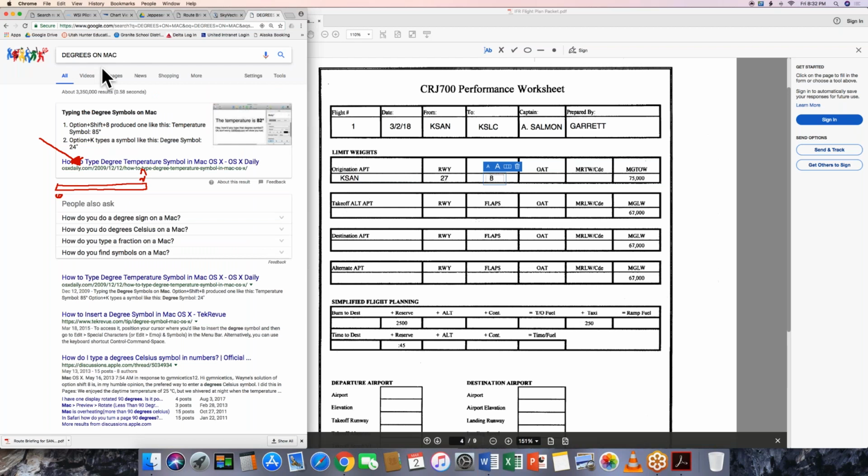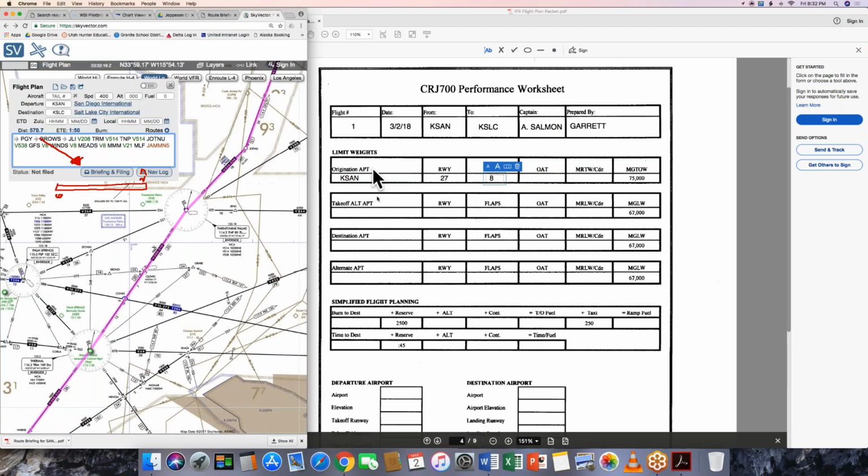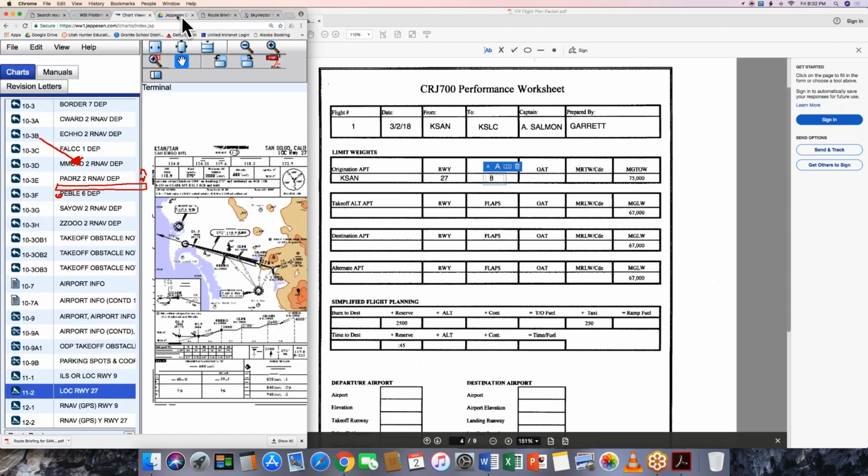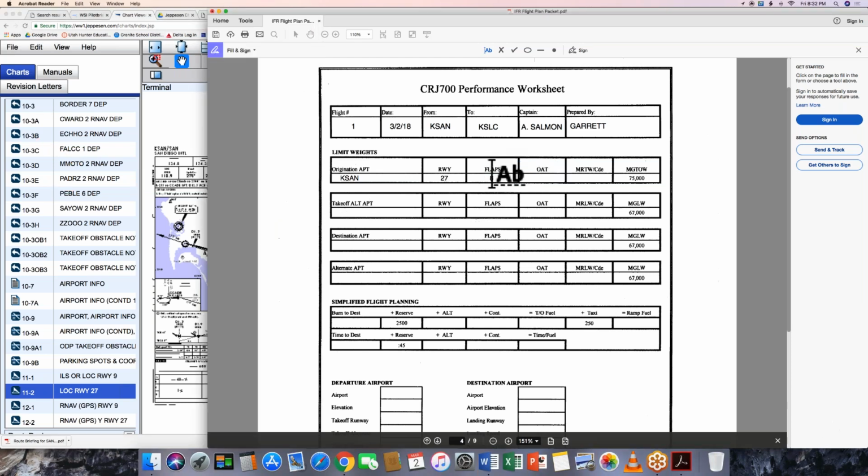I don't know how to do that on my computer either. 15. Oh, here we go. I got it. So, option shift 8.